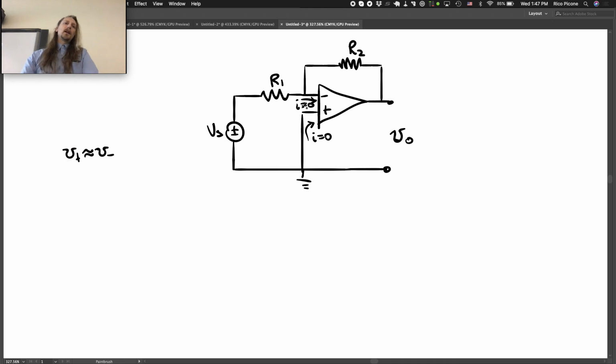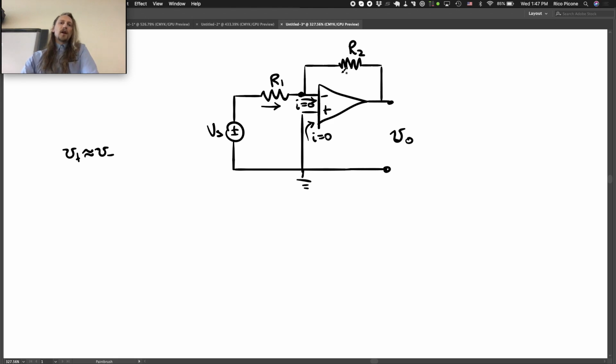Okay, this, when you have negative feedback, is equivalent to assuming that your open loop gain for your op-amp is very large, like 10 to the 5 or something, like it virtually always is. So what we can do, and this typically greatly simplifies the analysis, is quickly find out the voltage across R1, because if V minus is approximately equal to V plus, and V plus is connected to ground, that means that the voltage drop across R1 has to be just Vs, right?